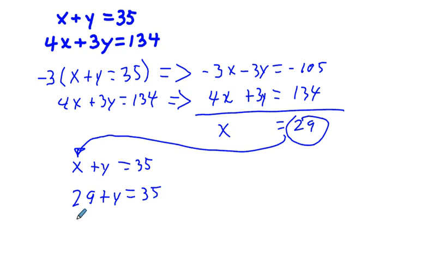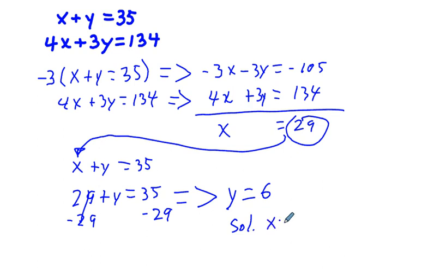And then if we subtract 29 from both sides of the equation, we get y is equal to 35 minus 29, which is 6. So our solution is going to be x equals 29, y is equal to 6. And then you can substitute these values back into the original equations to check your work.